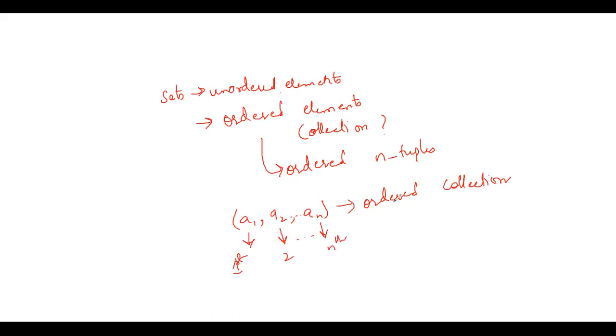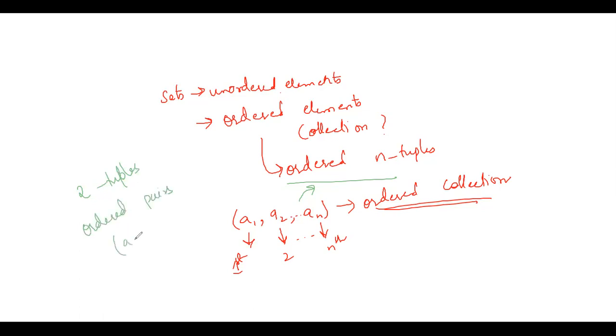These kinds of ordered collections are represented by the name ordered n-tuples. Now, what if instead of n numbers, we have only two elements, then they are known as ordered pairs.